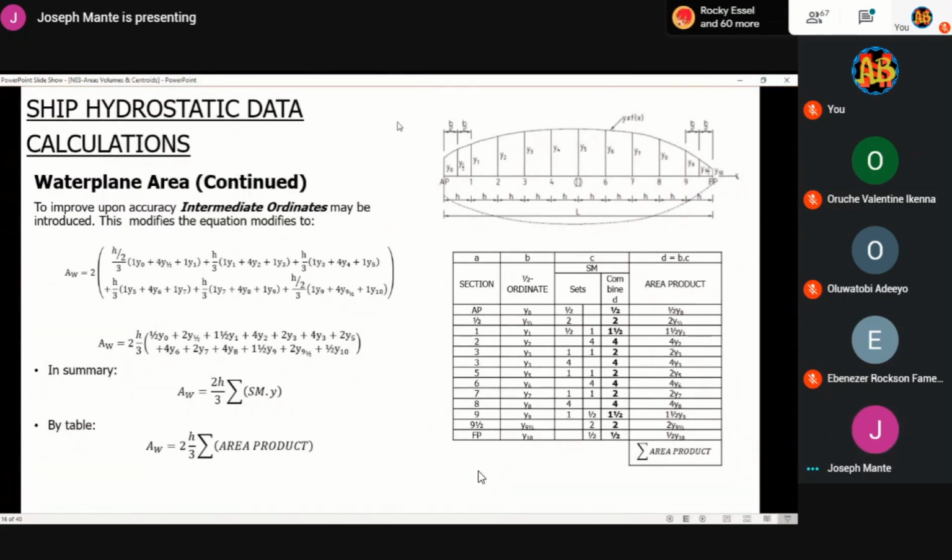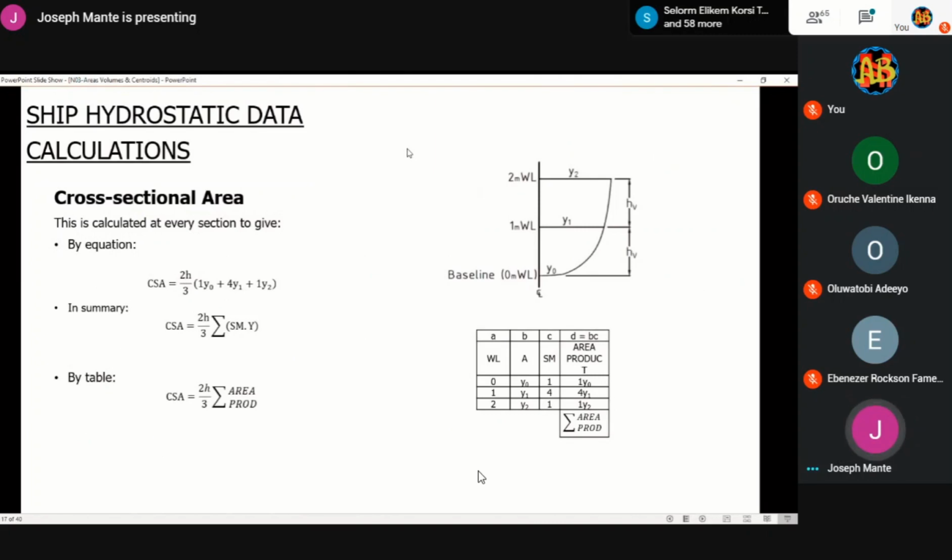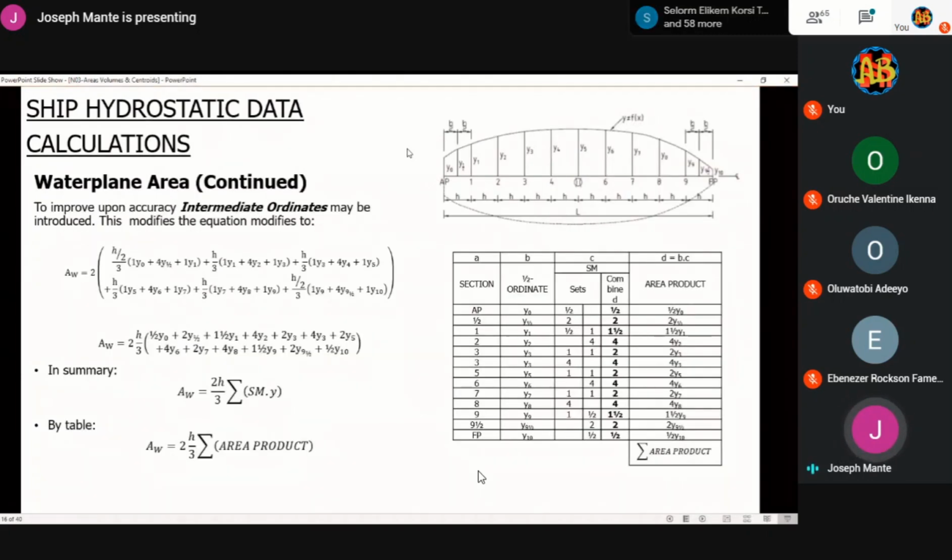So here we are introducing intermediate coordinates. From the diagram, you realize that from half ordinate 0 to 1, we have divided it again, just to make the whole thing accurate.